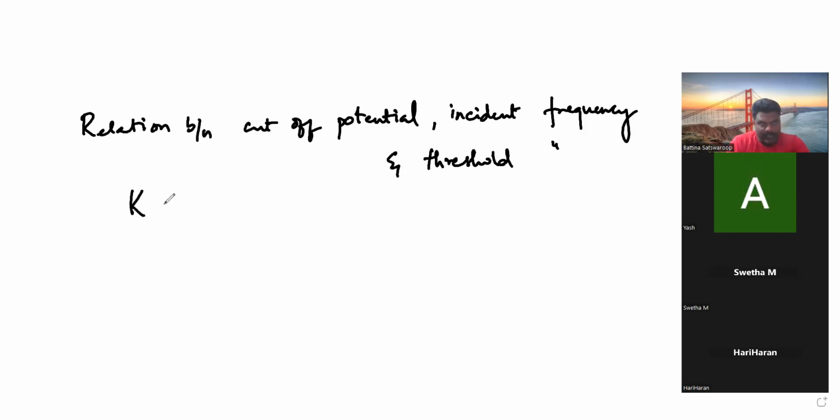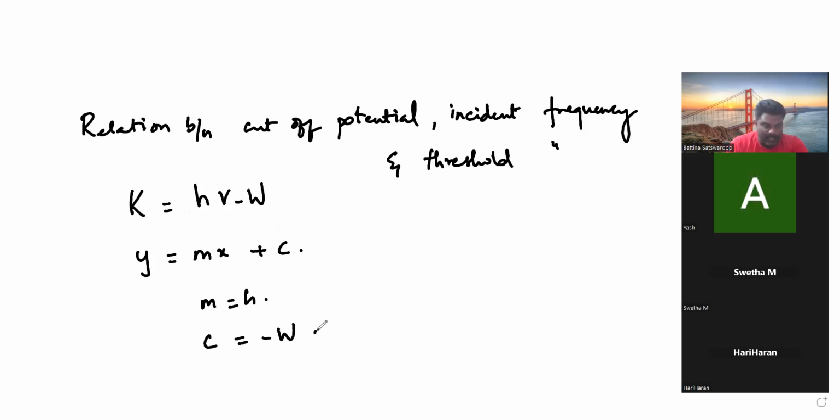The equation is K equals h nu minus omega. W is work done, which is QV, and QV is nothing but eV. So this is in the form of y equals mx plus c. My slope m is h, and the intercept c is minus omega, or I will take it as minus phi naught.